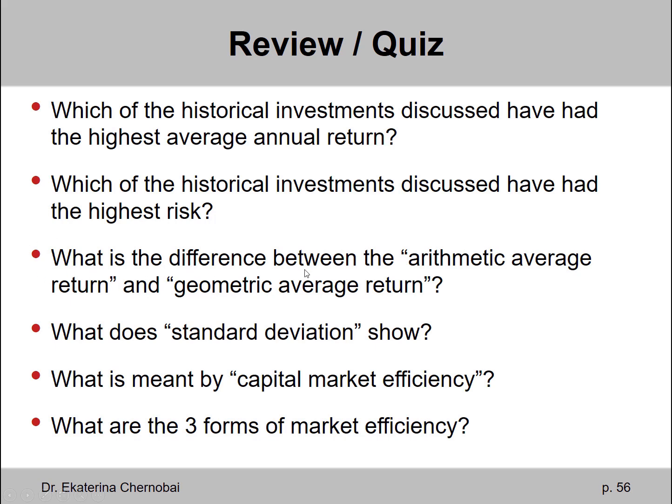3. What is the difference between the arithmetic average return and the geometric average return? Arithmetic average return is nothing but the simple average return. That's when you invest your money for just 1 year, and you're looking at before and after, how much you invested at the beginning of the year and how much your money grew to by the end of the year, what the percentage change is.